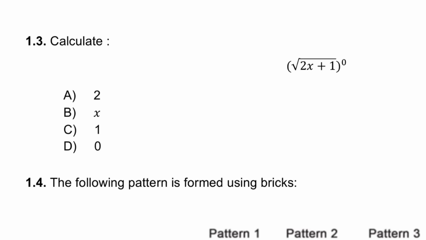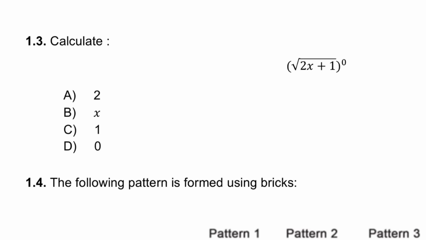Let's have a look at 1.3. Something very important we need to note when it comes to exponents: anything that has an exponent of 0 is equal to 1. So 5 to the power of 0 is equal to 1. 10 to the power of 0 is equal to 1.